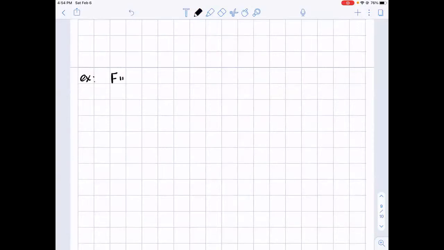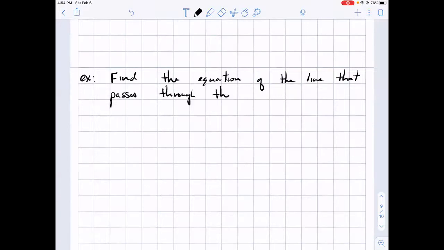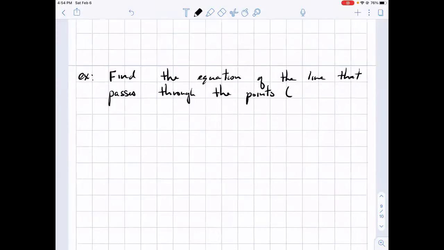Find the equation of the line that passes through the points minus 4, 1 and minus 2, minus 5.